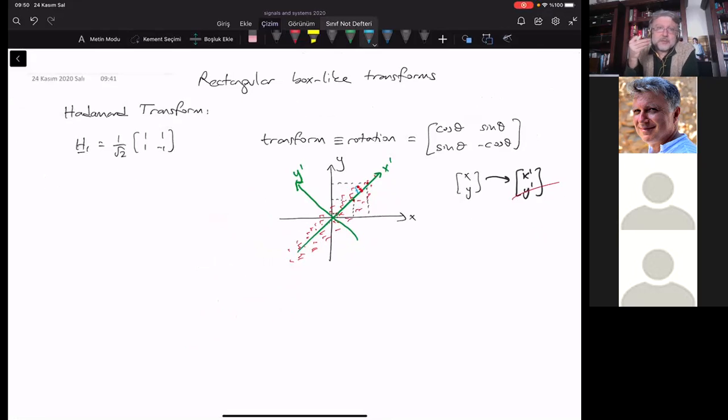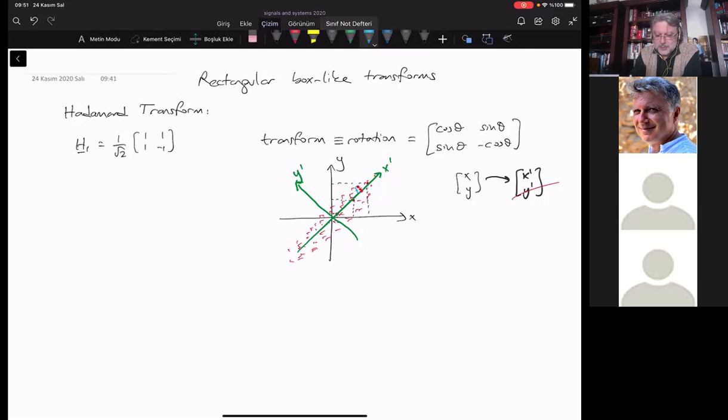And interestingly, or naturally, that's why the 2x2 transforms in any known transform, including the Fourier transform, the discrete cosine transform, and the Hadamard transform, and all the other transforms, is this 1 over square root of 2, 1, 1, 1, minus 1. That is always the same transform for 2x2.